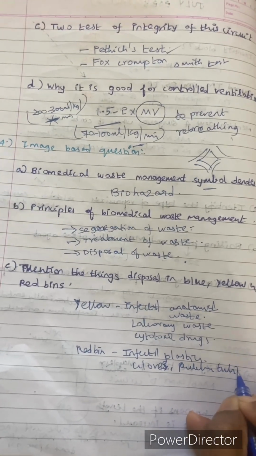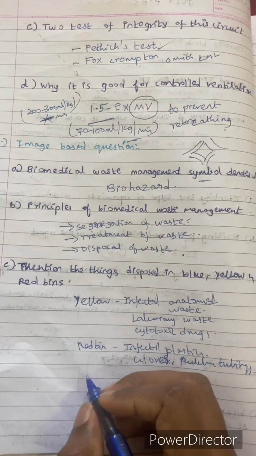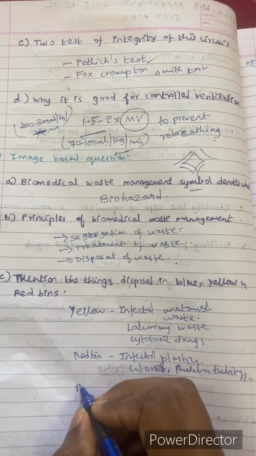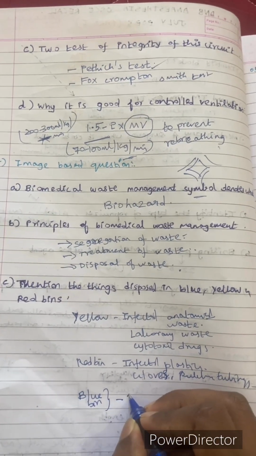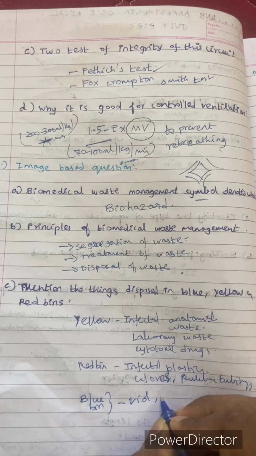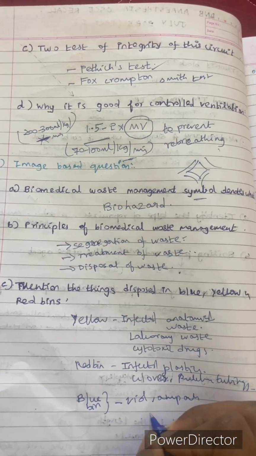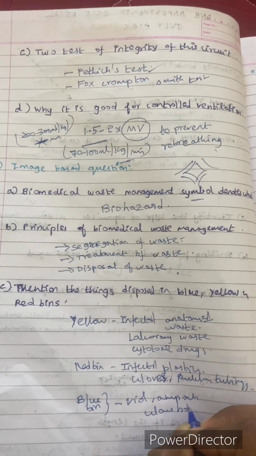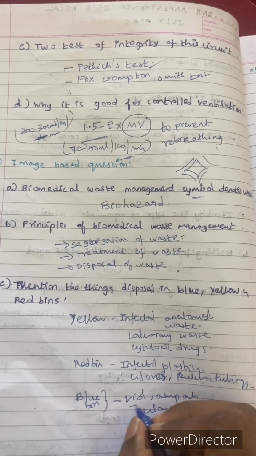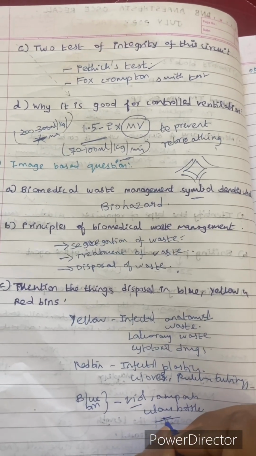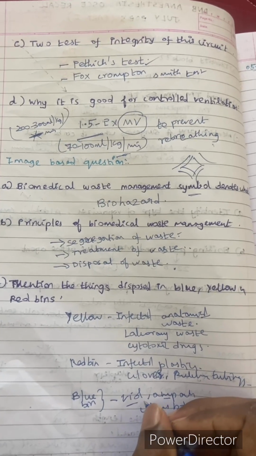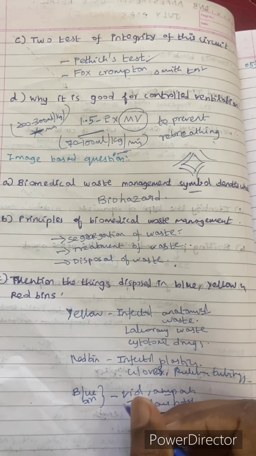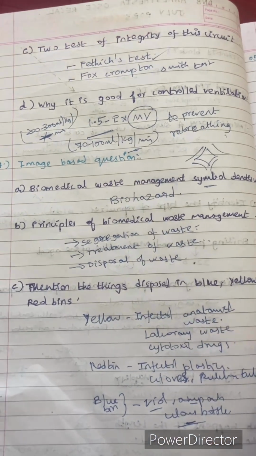Okay, next most common is your blue bins. In blue bins go vials, ampules, drugs like antibiotic vials, ampules, or others like mannitol, glass bottles. All these things have to be disposed in the blue bins. These are some of the things. These are the three questions asked regarding biomedical waste management in this question.